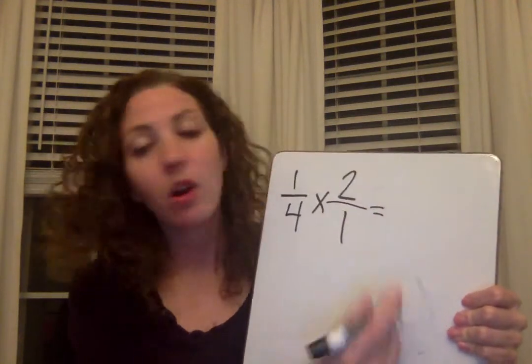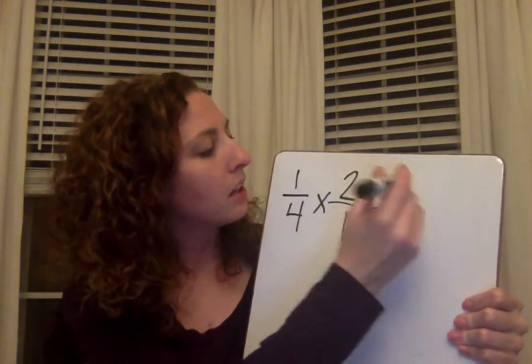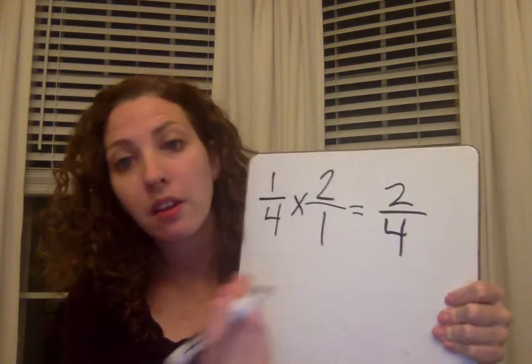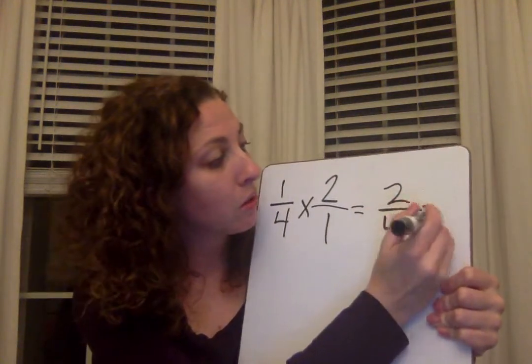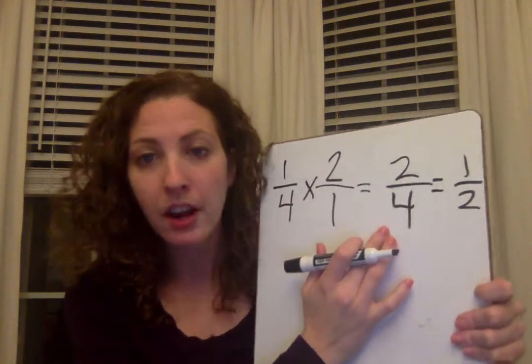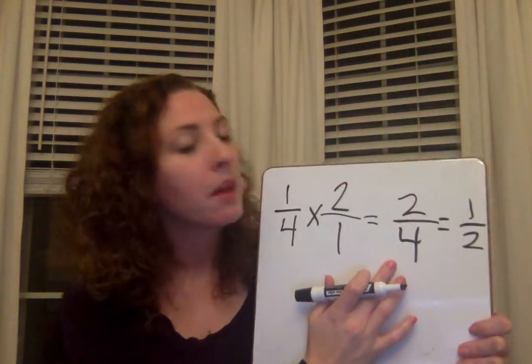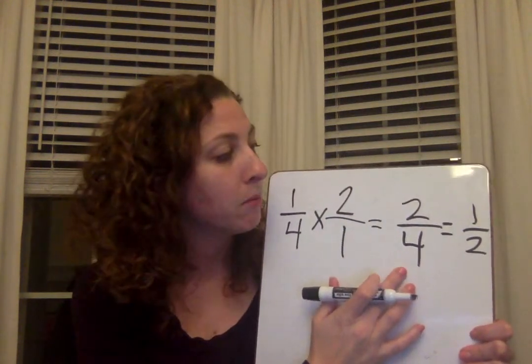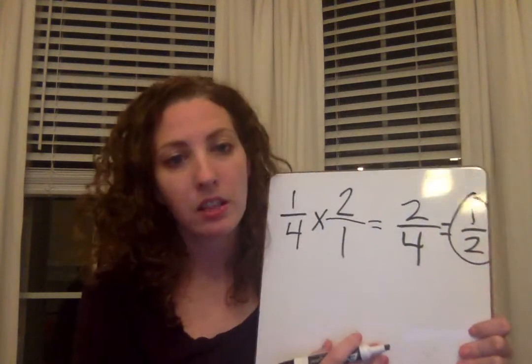And then you just multiply across. 1 times 2 is 2. 4 times 1 is 4. And then, of course, we know that 2/4 equals 1/2. If you put 2/4 as your final answer, that's fine, I would accept that. But if you know that you can simplify, do that, please. All right, and that was 1/2.